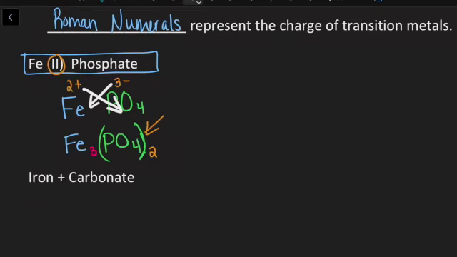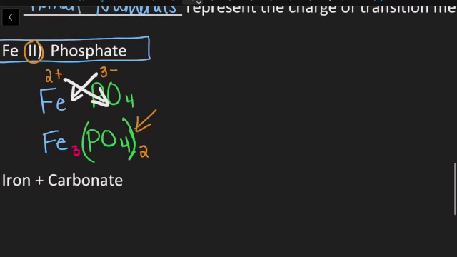Okay, so let me work that out a little bit farther so you can understand it better. Fe3(PO4)2. Alright, so we've already decided that iron has a 2+ charge because of the Roman numerals, and PO4 has a 3- charge.